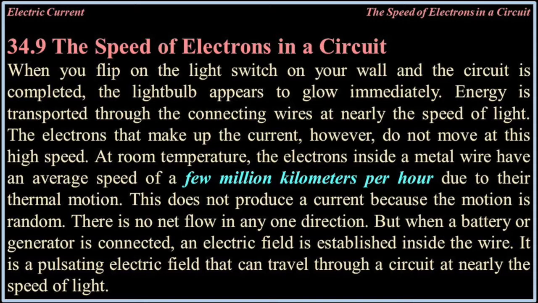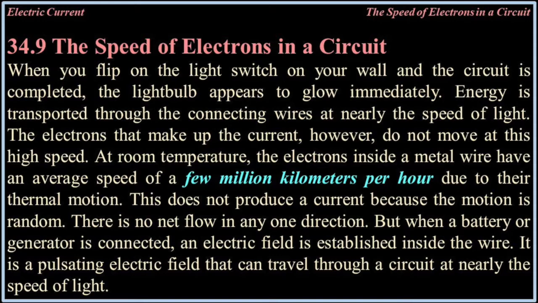At room temperature, the electrons inside a metal wire have an average speed of a few million kilometers per hour due to their thermal motion. This does not produce a current because the motion is random. There is no net flow in any one direction. But when a battery or generator is connected, an electric field is established inside the wire.